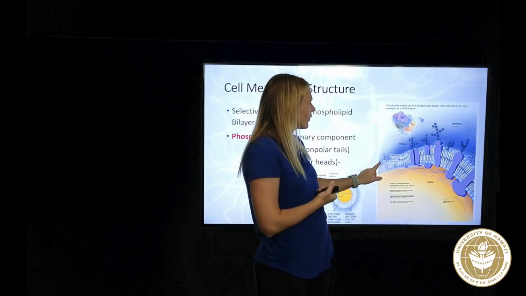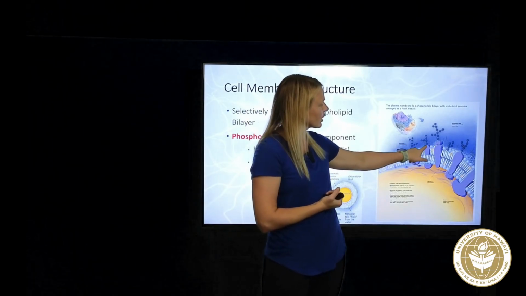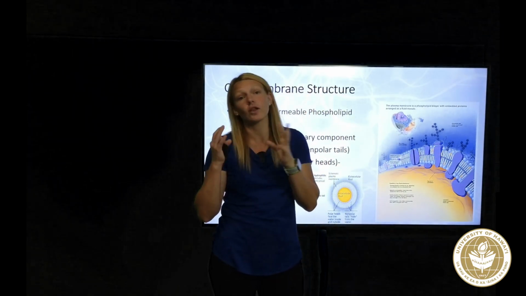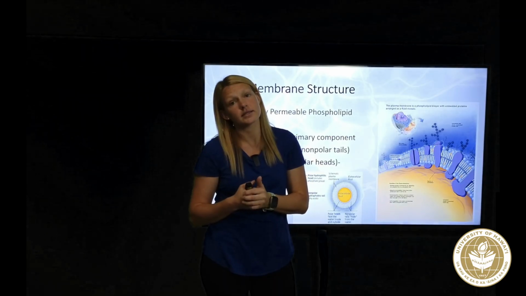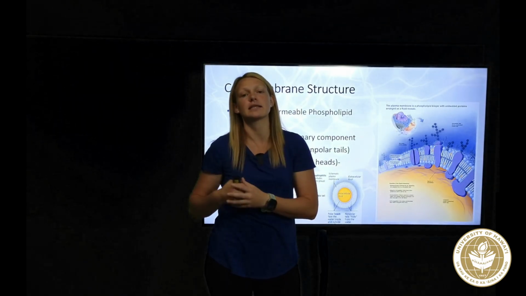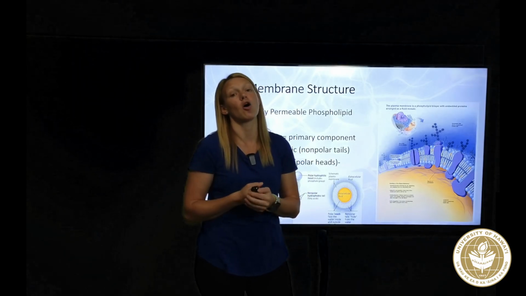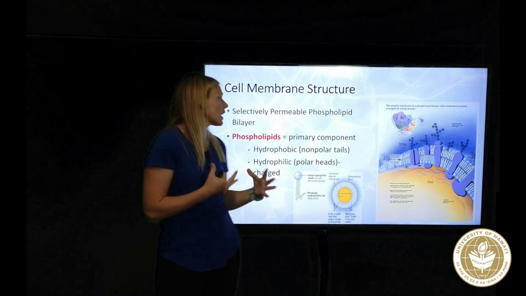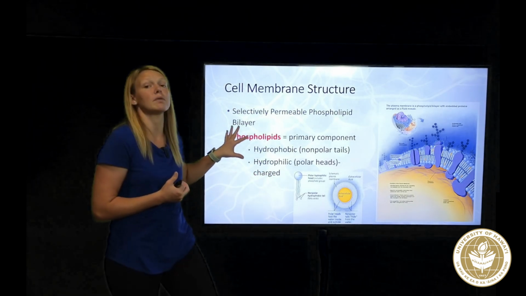You also have sugar molecules attached to the cell membrane. You also have cholesterol in the cell membrane, which is a fat. So you have multiple different things in this cell membrane, which again is why it's called a mosaic. Again, for the purposes of this class, we're mainly focusing on this phospholipid bilayer.